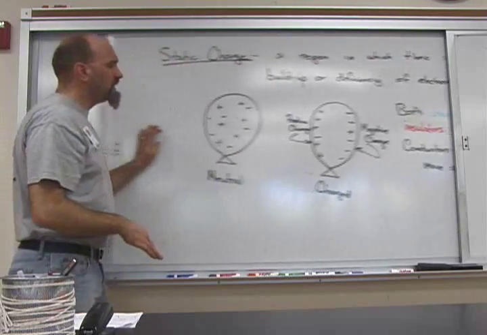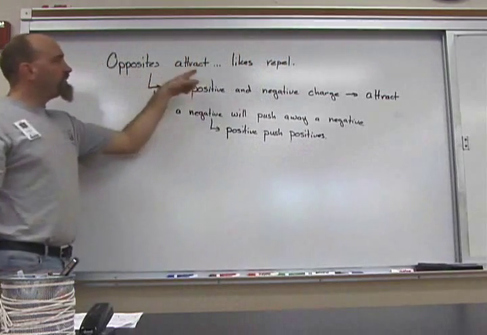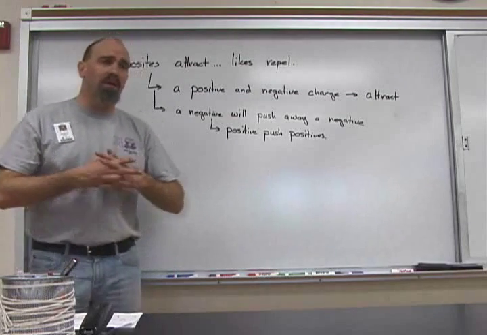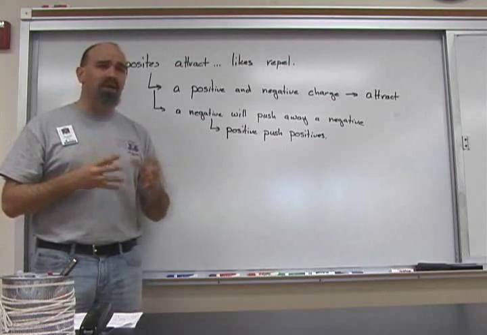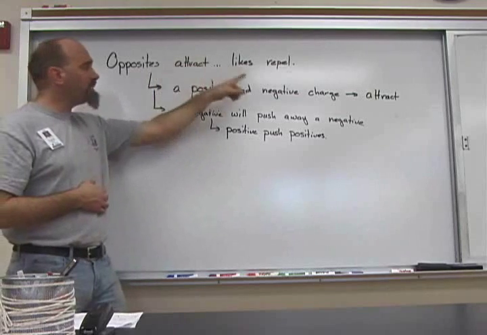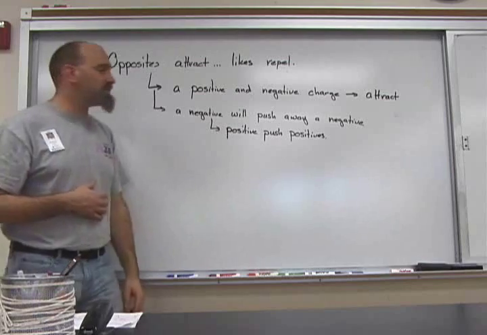This idea is really based on the idea of opposites attract. Now, you might have heard this in relationships, right? That people who are very much opposite tend to stick together or date even. And if we flip that around, that means that likes repel. Well, we can talk about that in a physics sense as well.